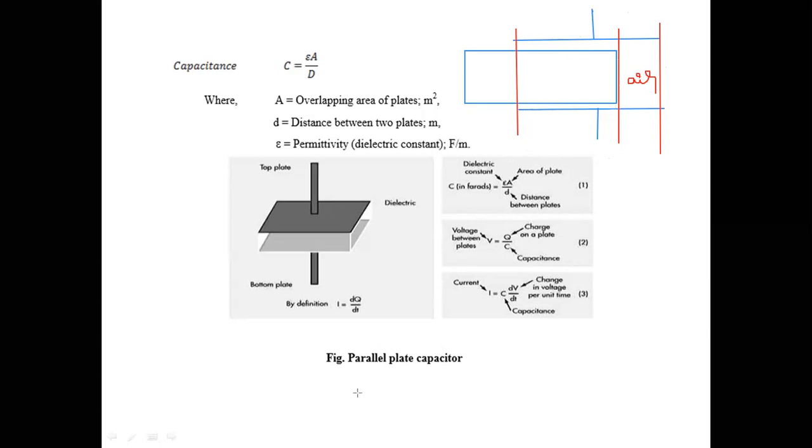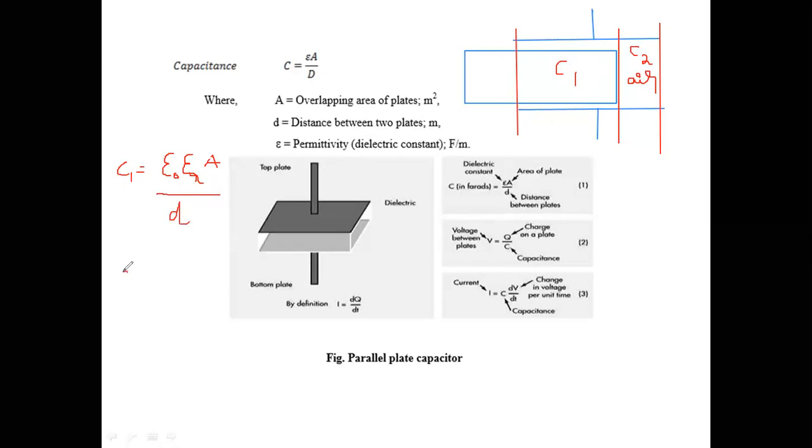So for the first part, I call the capacitance C1, and for the other part, I call the capacitance C2. What is C1 now? C1 equal to epsilon naught epsilon r A by D.